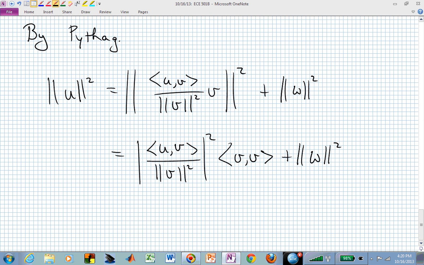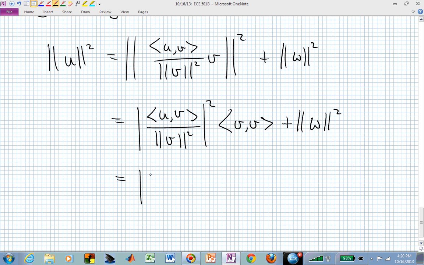Questions on that step? But we can rewrite v inner product with v as the norm of v squared. So that we now have the inner product of u and v, squared, over the norm of v squared squared, times the norm of v squared, plus the norm of w squared.